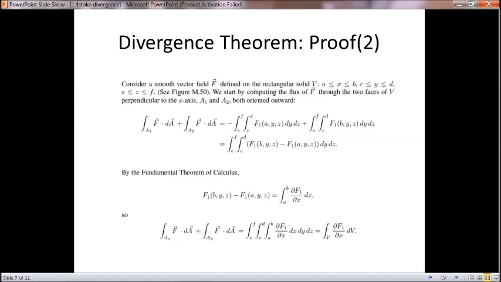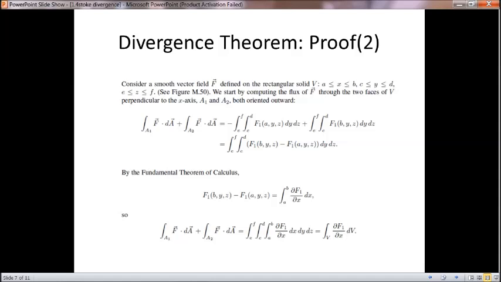Perpendicular to the x-axis means A1 and A2, both oriented outward from X. So integral over A1 of F dot dA plus integral over A2 of F dot dA, two surfaces, is equal to, for X we have to consider Y and Z, so the limits are E to F and C to D for Y and Z. For the negative X direction, it is minus the integral of E to F, integral of C to D, F1 of A, Y, Z dy dz, plus, for the positive X direction with limit B, the integral of E to F, integral of C to D, F1 of B, Y, Z dy dz.